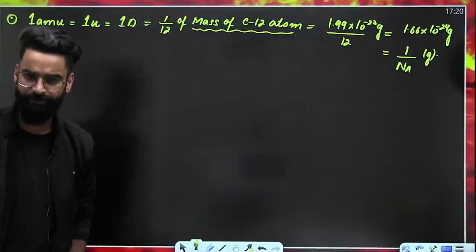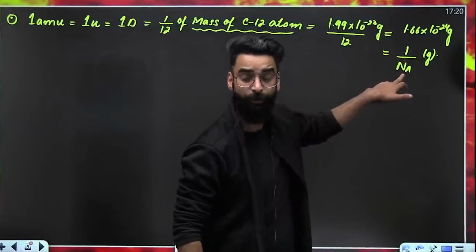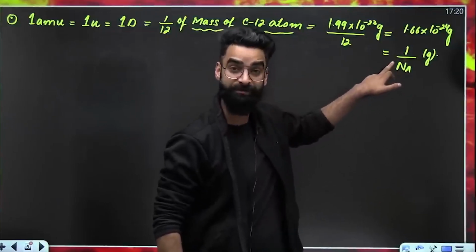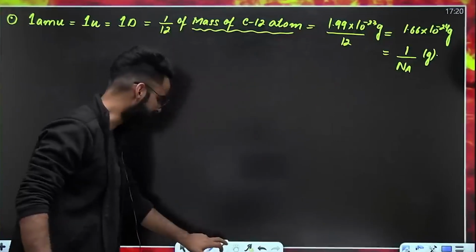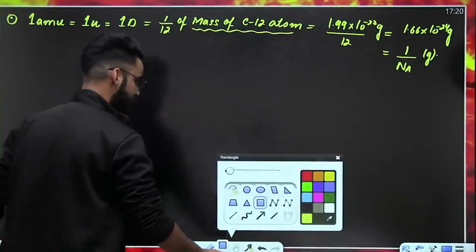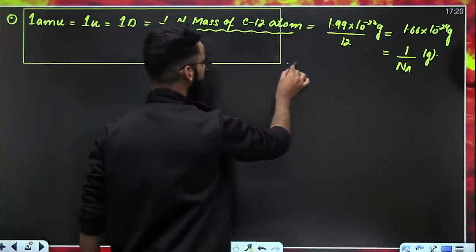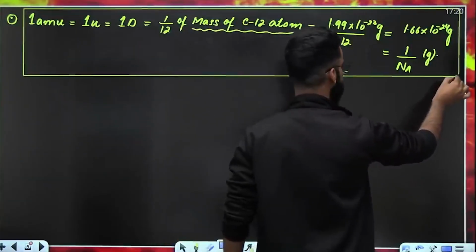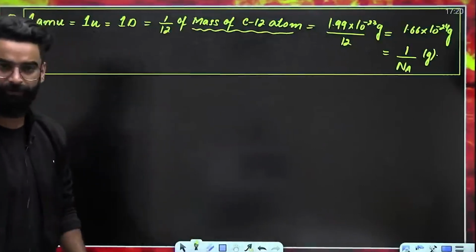If you divide 1 by Avogadro's number, whose value is 6.022 × 10^23, you get exactly 1.66 × 10^-24. So this is the first statement I want every one of you to remember from now on. This is important.